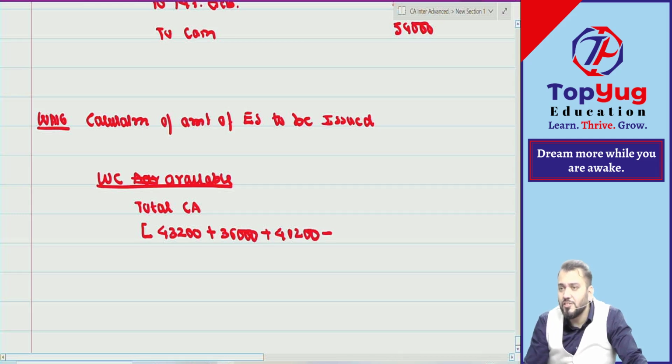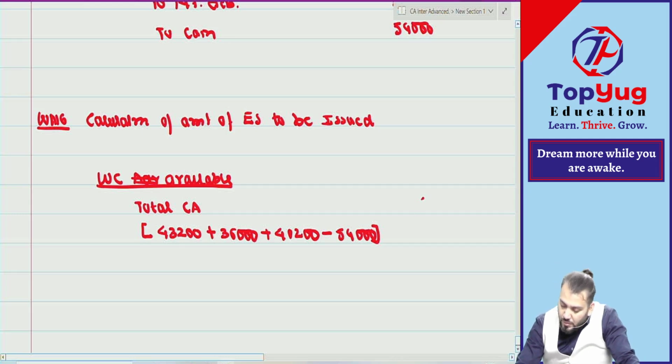But can you say from this also what will do payment? Payment to whom? Payment for PC. PC payment in cash is how much? 54,000. So after payment, this is the total current asset. How much? 65,000.